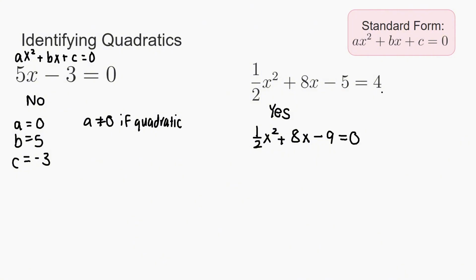We subtract 4 from both sides to make this side equal 0. So now we have a is equal to 1/2, b is equal to 8, and c is equal to negative 9. It's still quadratic because a is not equal to 0.